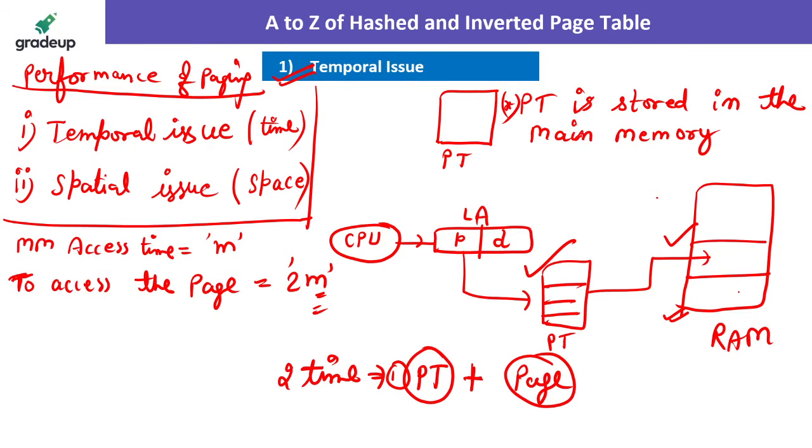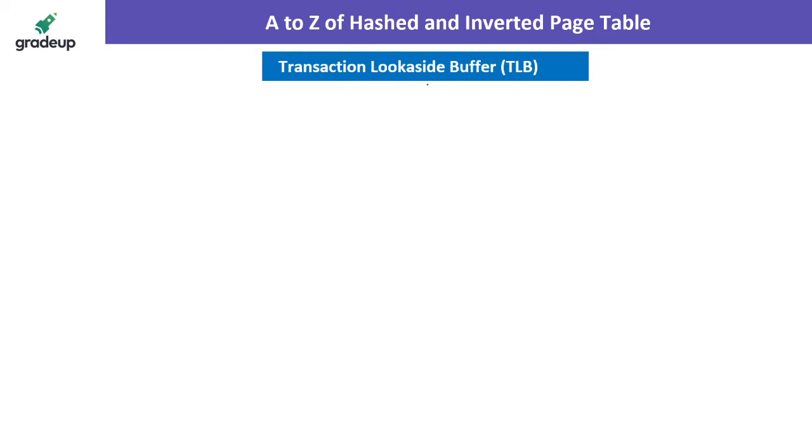So 2M will be required. So now my aim is to reduce this 2M. To reduce the 2M memory access time, I will use the TLB, that is translation look aside buffer. So what will happen in TLB actually?